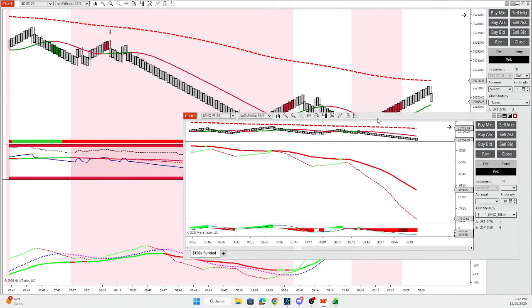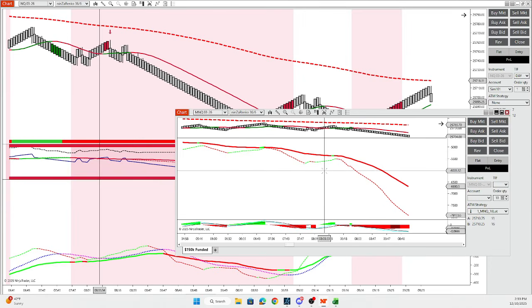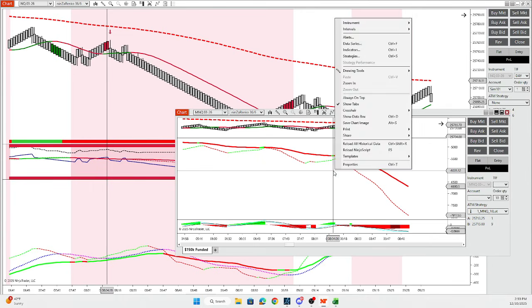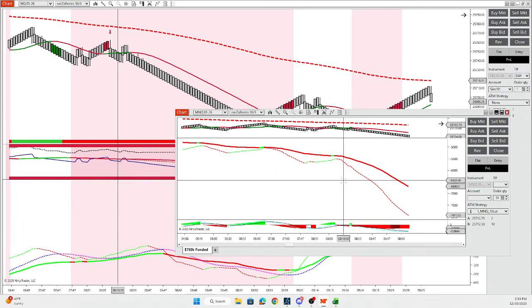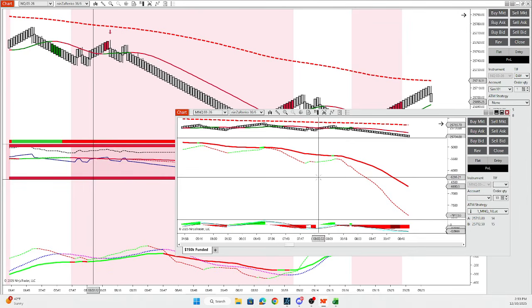So you can see the difference there. There's the difference in the two cumulative deltas. The MNQ is all over it. The NASDAQ is just, who knows what they're doing to cause that gyration there in the deltas. To me, it just looks like shenanigans.